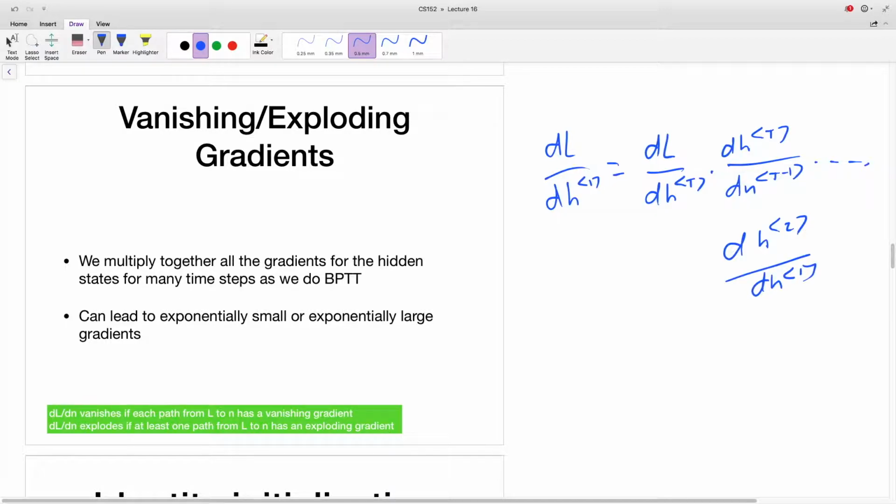So we've got a bunch of multiplications, right? T such multiplications. And that can get exponentially smaller or exponentially larger if those gradients are either small or large.